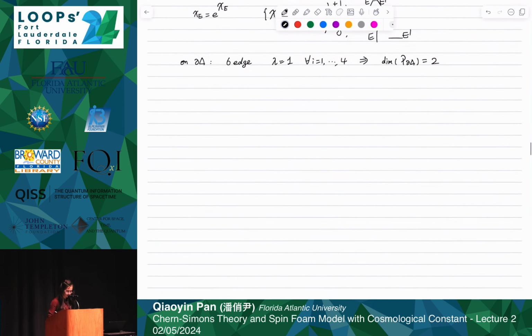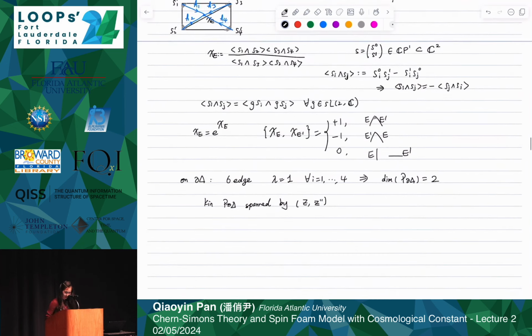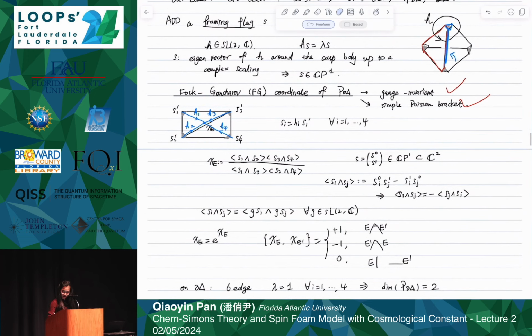Okay, so 2 dimensions. So we can find 2 FG coordinates. I would denote it, the kinematical phase space, and it's spanned by 2 coordinates. I would denote them by z and z double prime, and they are located on the edges.